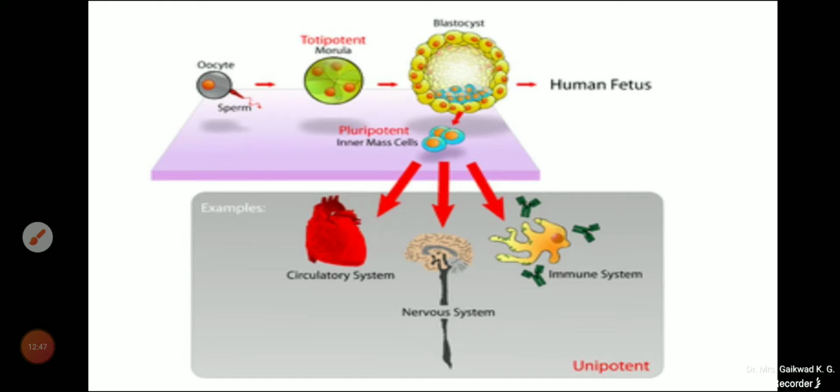See what is given here. After the zygote forms, in the blastocyst, the inner mass of cells of the blastula consists of pluripotent cells. They have the capability to differentiate into cardiac cells, the heart cells, or be transformed into nervous cells, immune cells or any other type of cells.